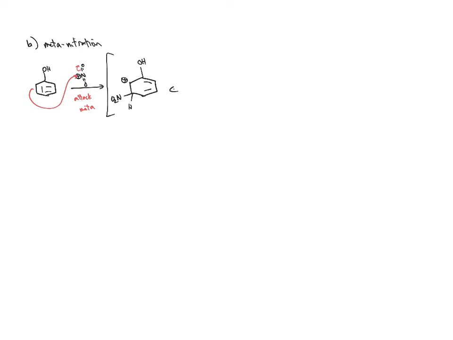Let's continue along. Let's move the resonance forms, move that positive charge around the ring. We get that resonance form, and then we get this resonance form.